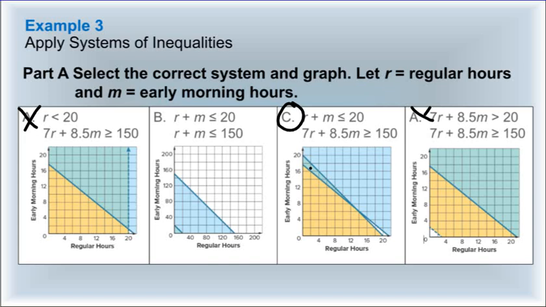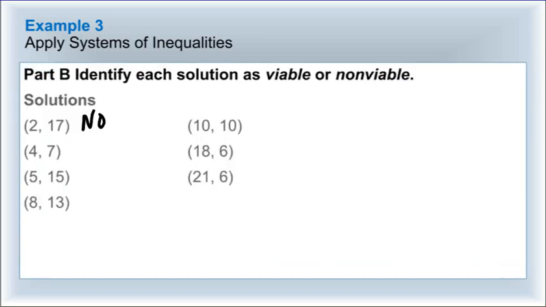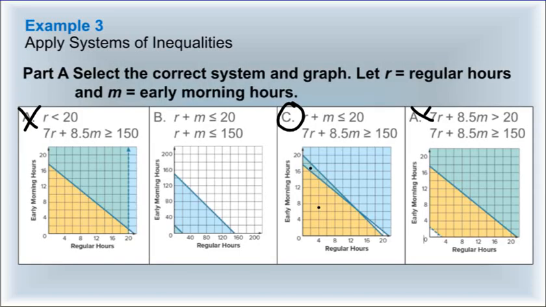So 4 and then 7 would be here. So that would be yes. That's viable. 5, 15. 5 and then 15 would be in here. So no, that is not.